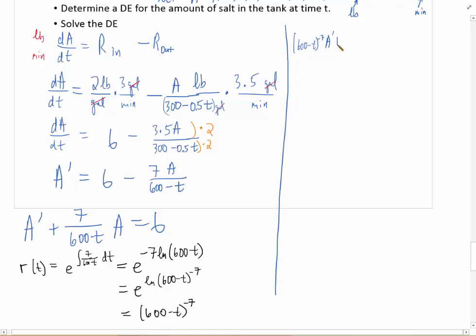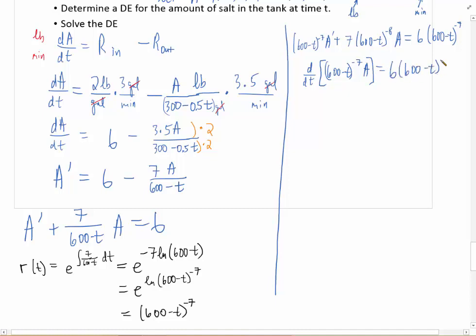So this is then plus 7 times 600 minus t to the negative 8th times A, which is then equal to 6 times 600 minus t to the negative 7th. It's really messy, but it turns out very nice. The left-hand side is d by dt of 600 minus t to the negative 7th times A, and the right-hand side is just 6 times 600 minus t to the negative 7th.